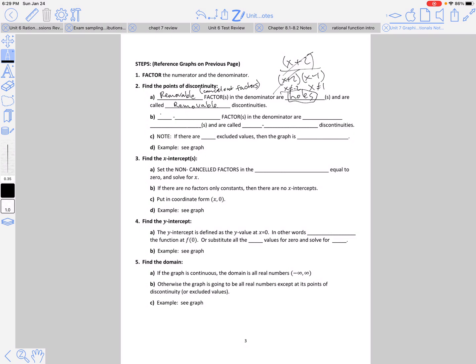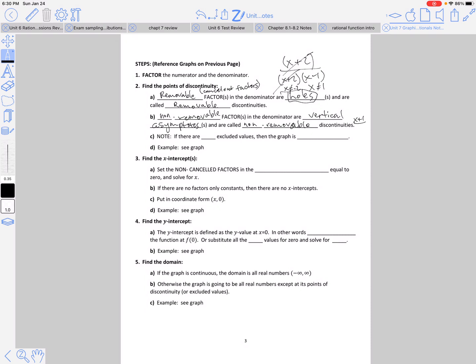Non-removable, so kind of throwing around a lot of the same words. Non-removable factors in the denominator are vertical asymptotes, so those imaginary lines, and are called non-removable discontinuities. So if it can't cancel out, it's non-removable.